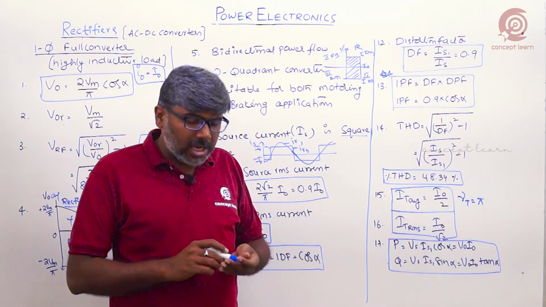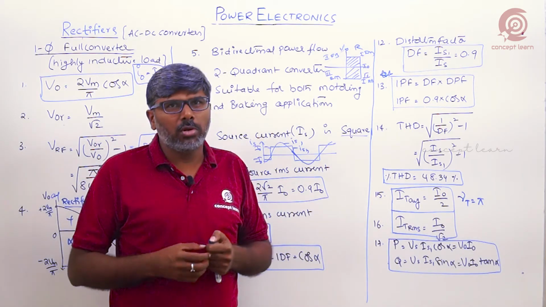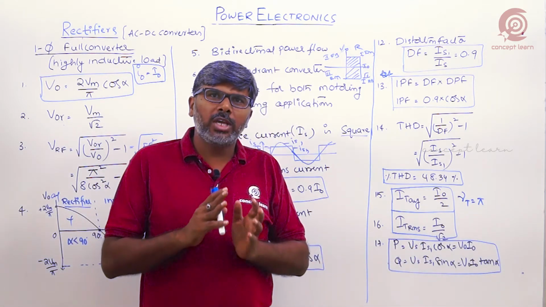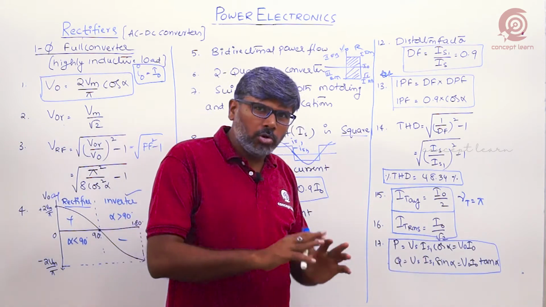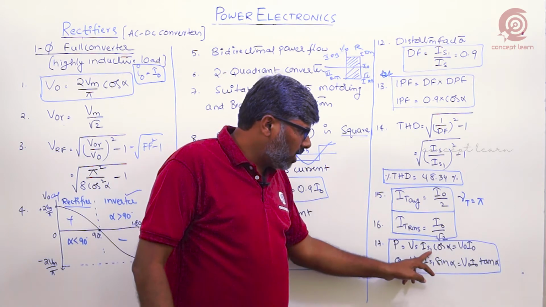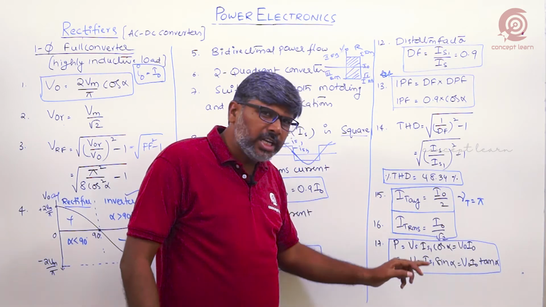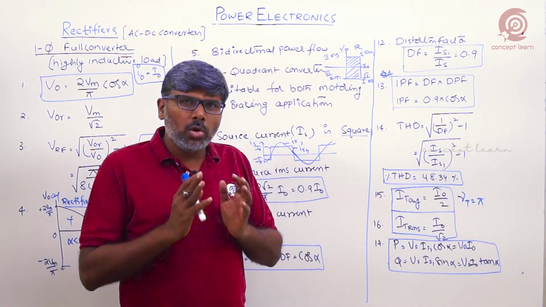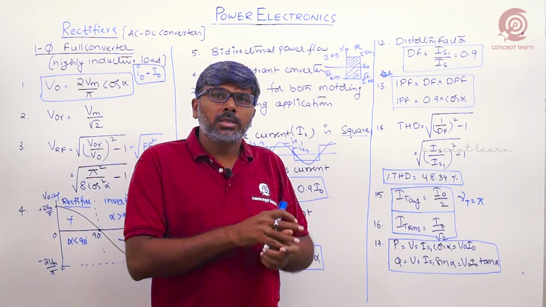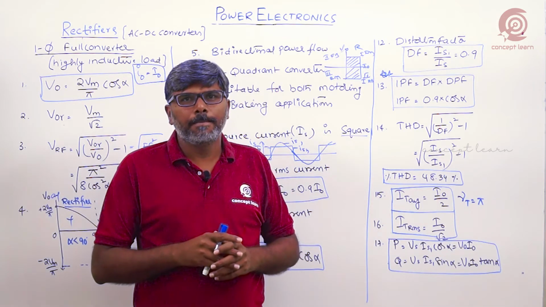Now coming to the power calculation, what is the active power delivered to the converter? What is the reactive power of the converter? Active power is Vs Is cos phi, where both are RMS quantities. Here it is Vs Is1 cos alpha. I am taking only Is1, not Is. Why Is1? Is1 indicates the fundamental quantity, right? Whatever power you supply to the converter, the converter converts or utilizes only the fundamental power, not harmonic power.